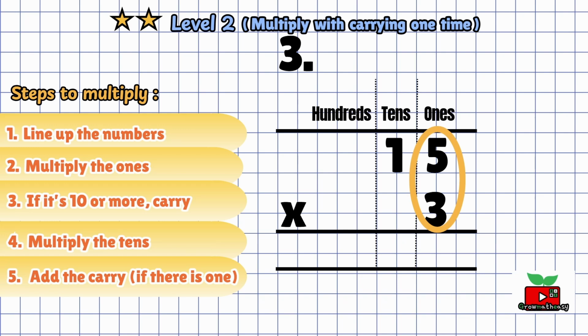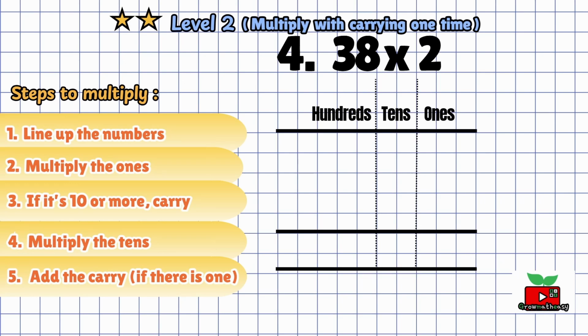Here we write 5 in the ones place and carry 1 into the tens column. Then multiply the tens. Draw another little butterfly wing, this time to focus on the tens. 1 times 3 equals 3. Final step. Add the carry. 3 tens plus 1 ten equals 4 tens. So our final answer is 45.